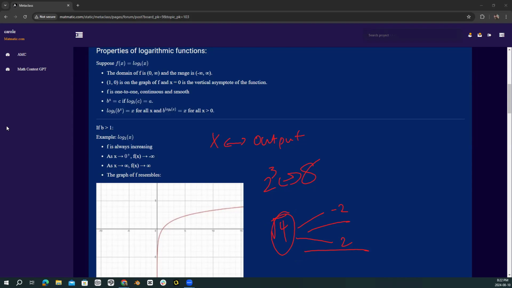Continuous essentially means there are no holes in the graph. I don't know if you guys know about this, but this is a hole in a graph.